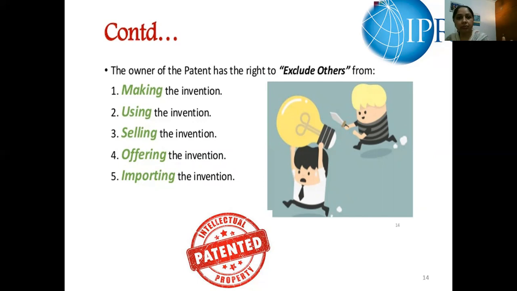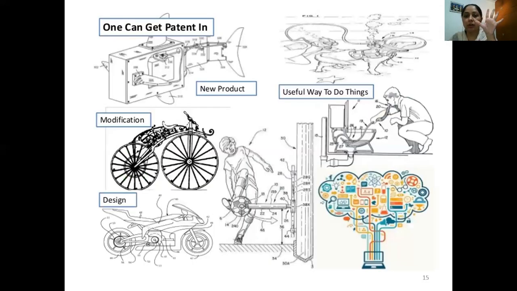For that, copyright is there. Patent is generally for your scientific inventions, and it is a negative right conferred for 20 years from the time of filing the first application. Patent has the right to exclude others from making the invention, using the invention, selling the invention, offering the invention, and importing the invention. These 5 things you need to remember. Now, one can get patent, as I told you, in product as well as in process.